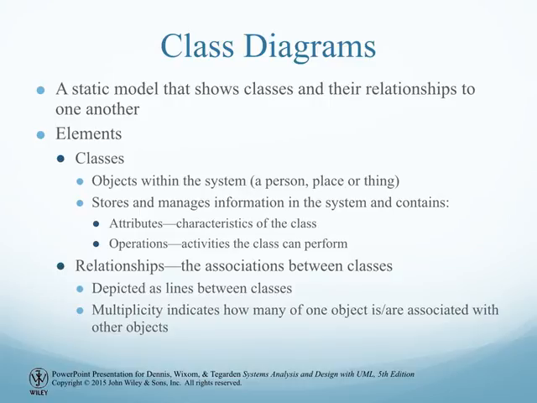But this is essentially what a class diagram is. It's classes, which are boxes, like you had seen earlier, separated into three different sections: the name of the class, the attributes of the class, and then the operations of the class. And then the associations between them, which will be the lines that connect the classes to each other.